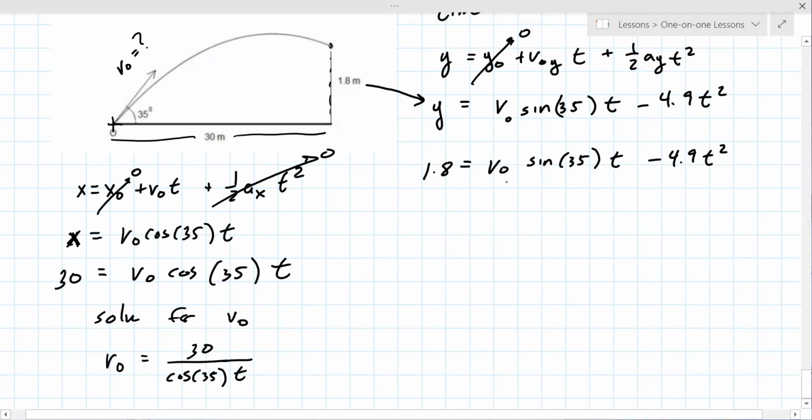That actually works out kind of nicely. If you solve it for t, you get t equals 30 over v0 cosine 35. When you put that in this first one, the v0s cancel, but here you have a v0 squared on the bottom.